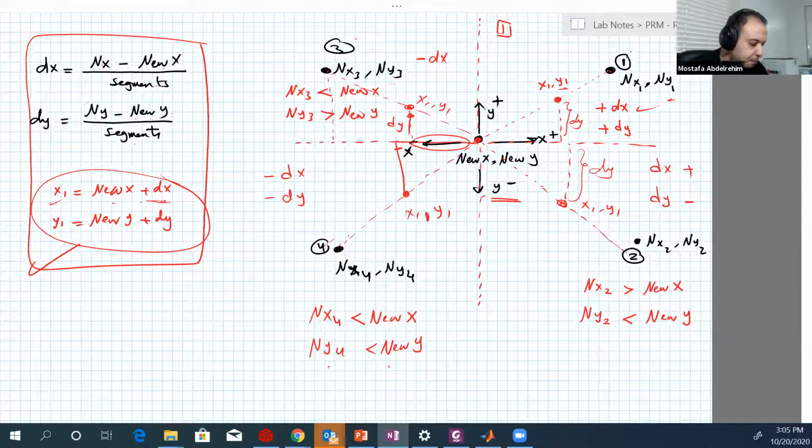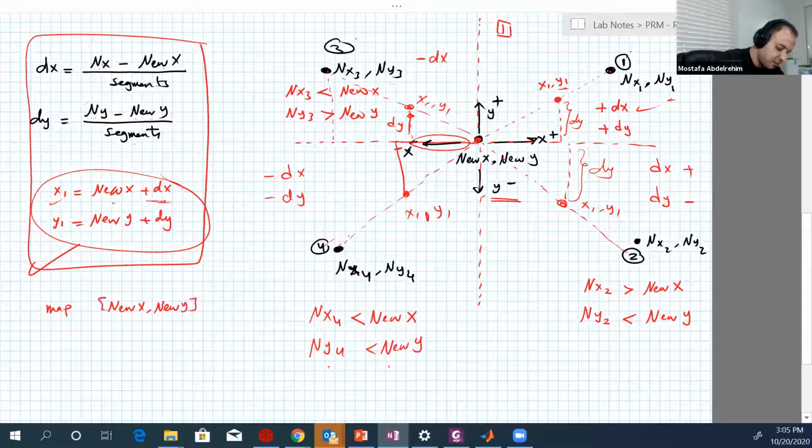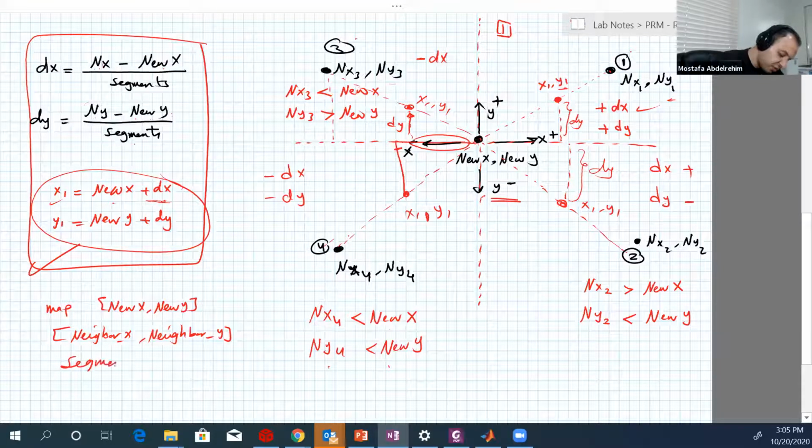Okay. So basically, in that function, you send the map, you send the new x and new y, and you send neighbor x, neighbor y. And of course the number of segments.